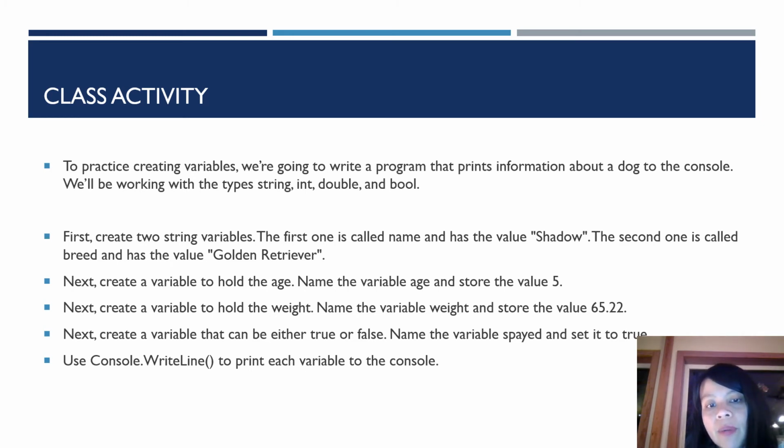The first one is called name, and the value is Shadow. And of course you should always have it in quotations for your string. And then the second string variable is going to be called breed and should have the value golden retriever.